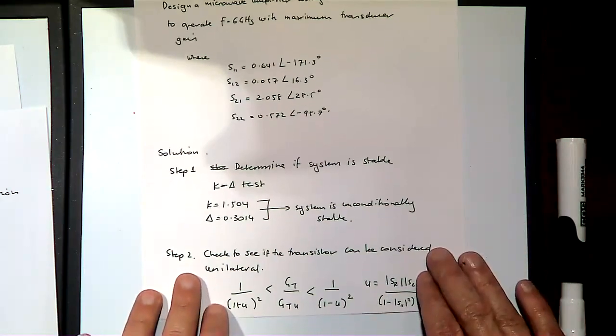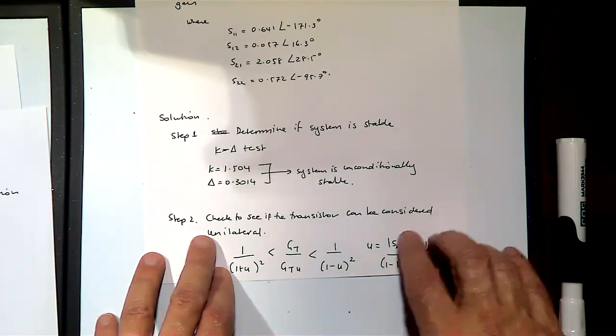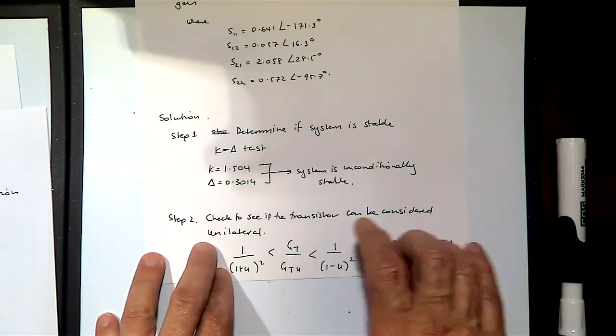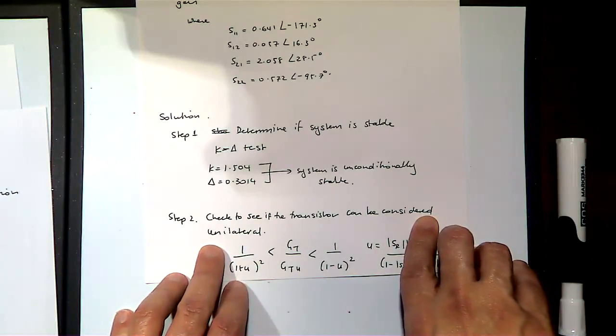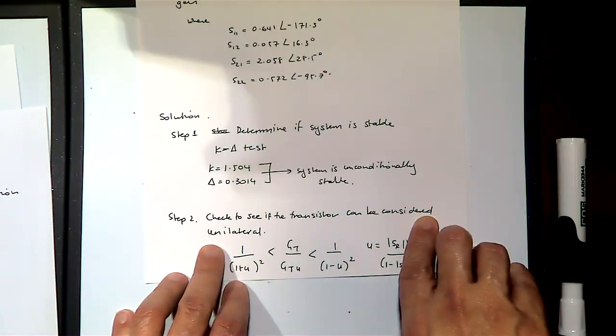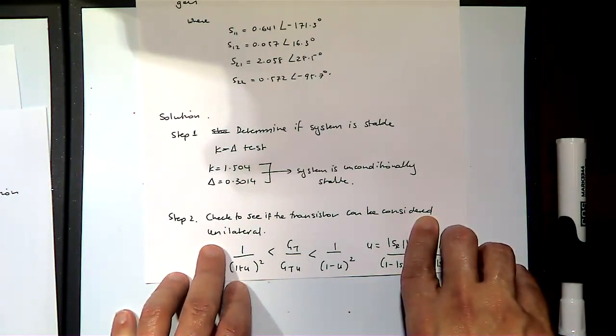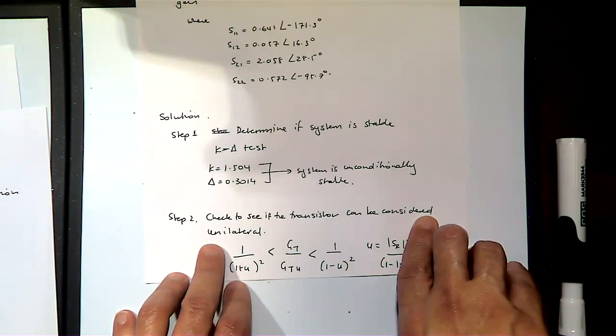Now, the next thing we want to do is to check if this transistor can be considered unilateral. Essentially, we're validating if we can use the unilateral approximation.